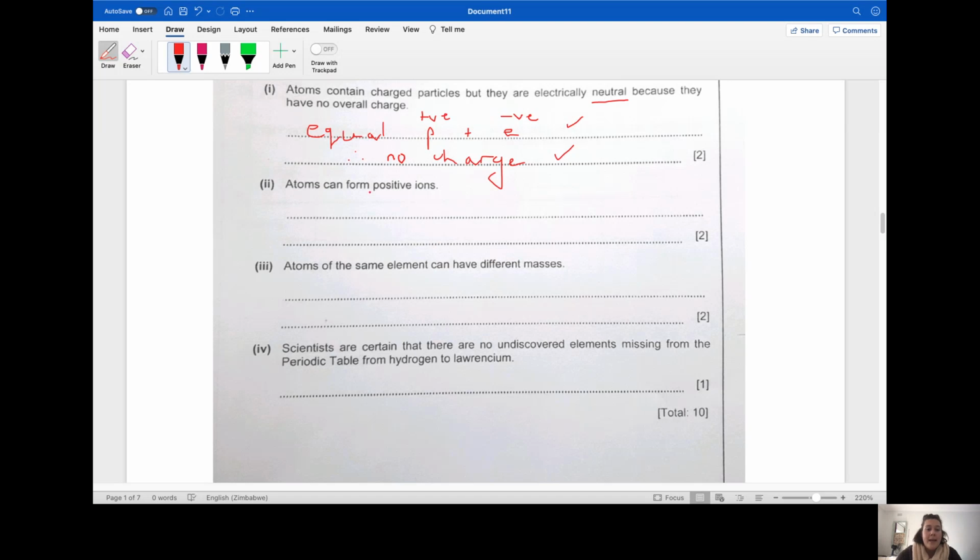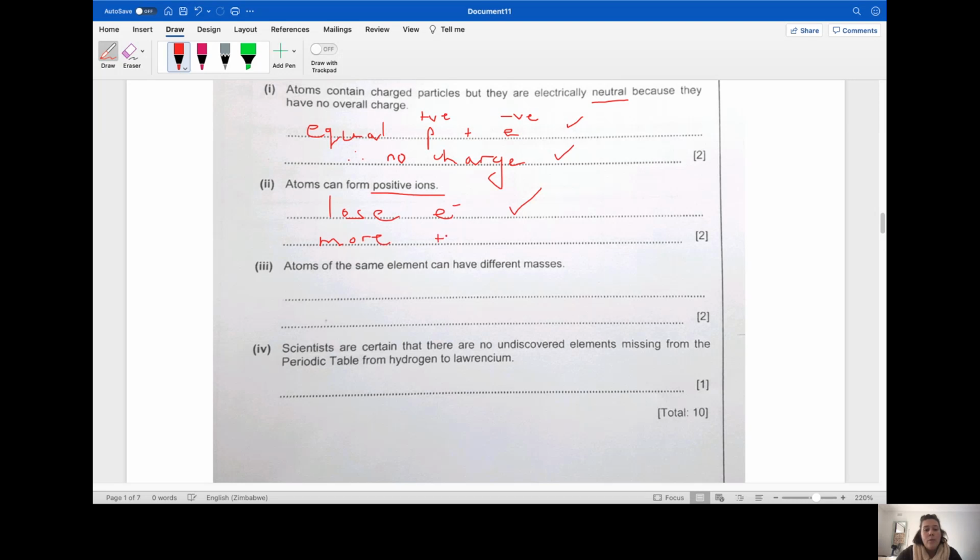How come atoms can form positive ions? They can lose electrons. If you lose an electron, you become positive. So they can lose an electron, which is only 1 mark. This question is 2 marks.